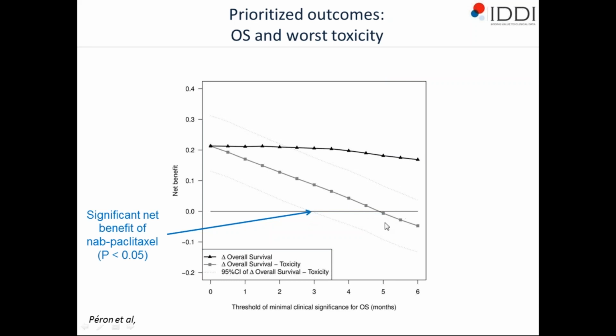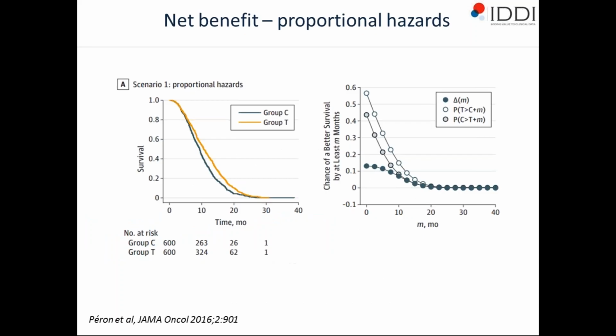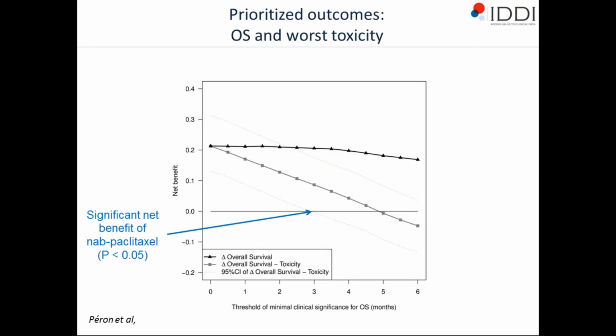But if I go beyond 5 months, then unfortunately, the combination of gemcitabine and Abraxane does worse than gemcitabine alone. And so these three contrasting situations show the benefit of accounting for the toxicities, not in an informal marginal way, but in an analysis that allows for it.